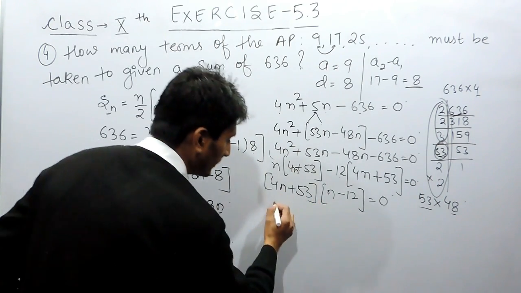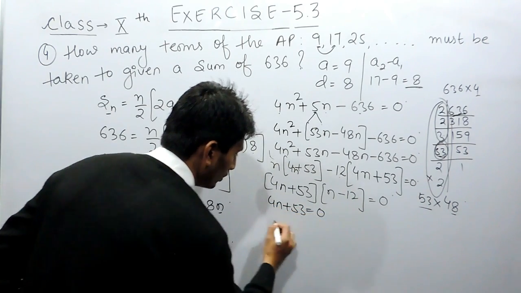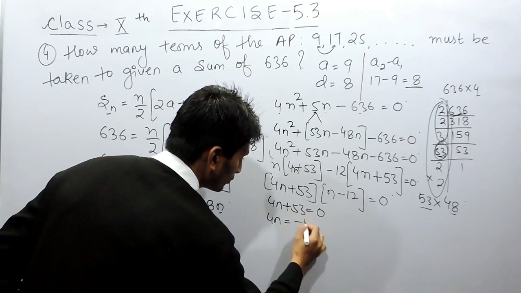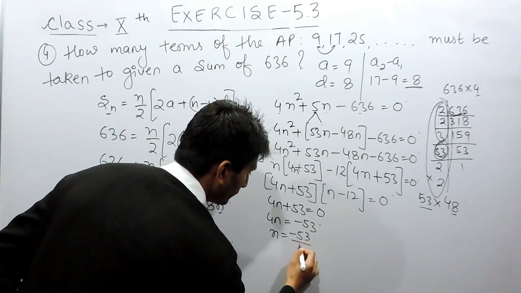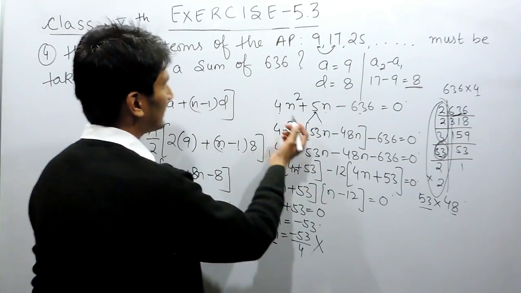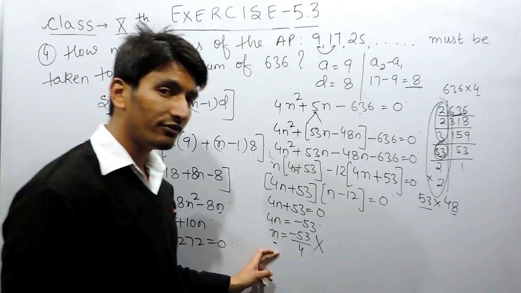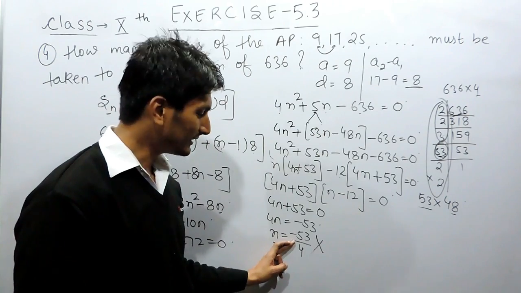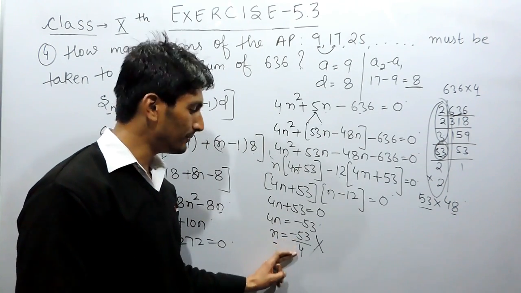So if I consider this value as 0, the value of n will be minus 53 upon 4. So this cannot be the value of n, because n is basically the number of terms in this AP, and the number of terms cannot be negative, and the number of terms cannot be in fractions, or you can say in decimals.